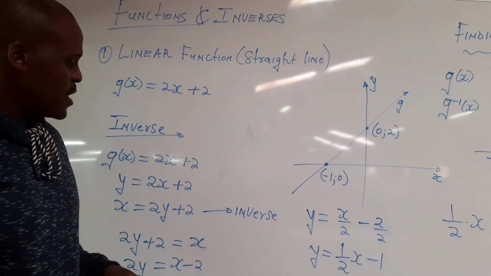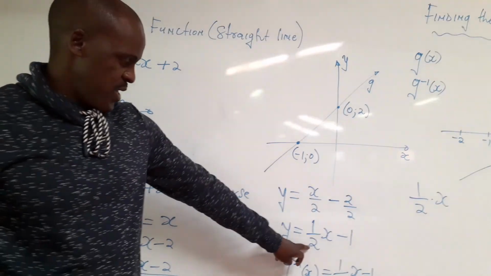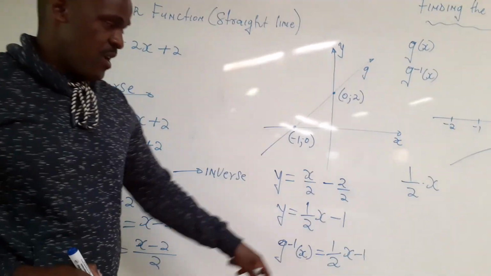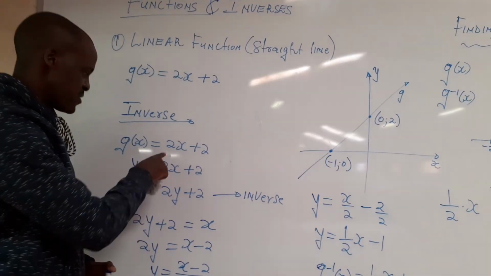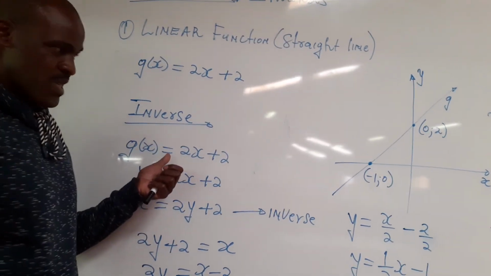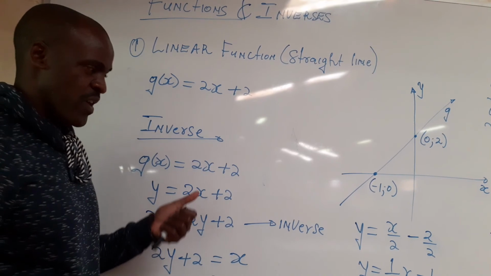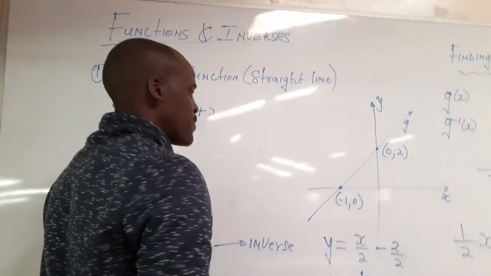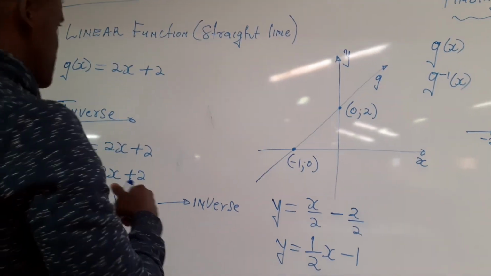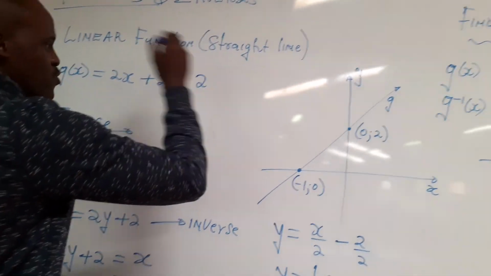The most important thing again is that the gradient remains positive. What we have to notice in terms of the gradient is that here we've got the gradient which is 2.